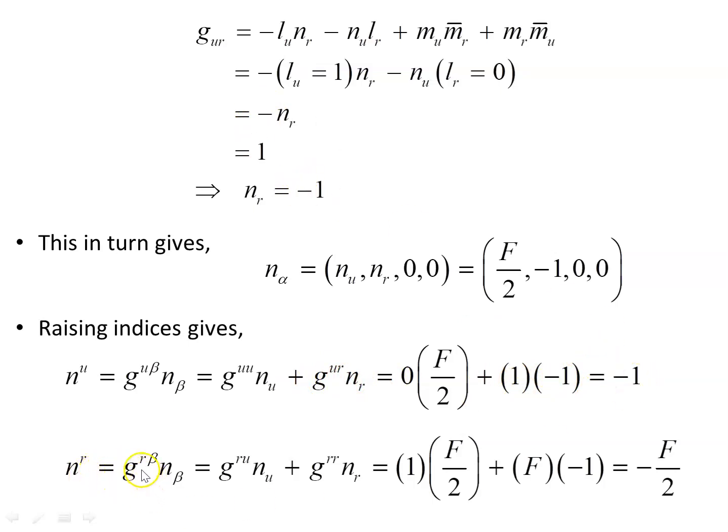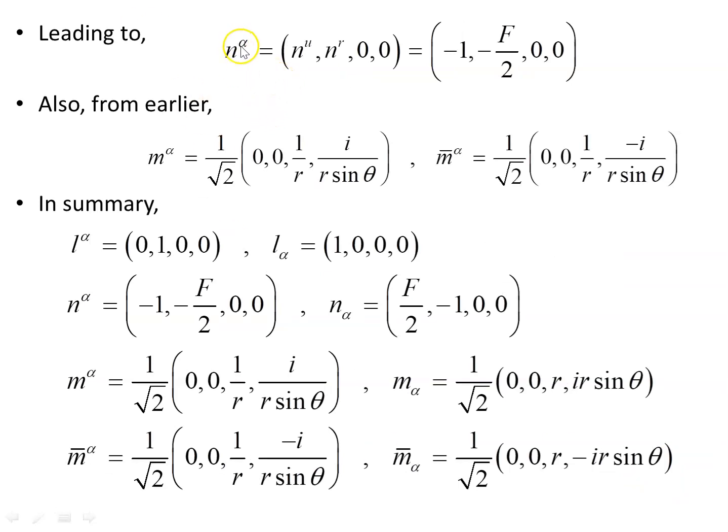Then NR, GR beta, and then substitute in turn U and R, and we find that GRU is 1, NU is F on 2, GRR is F, NR is minus 1, and when we work that through, that's equal to minus F on 2.